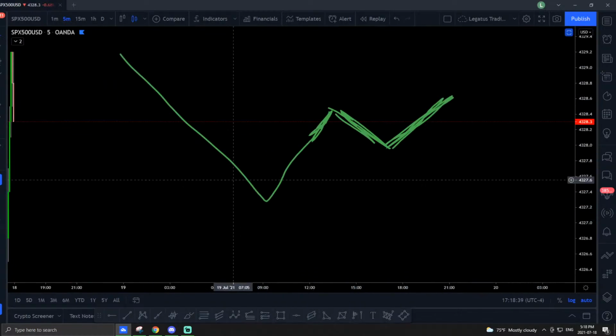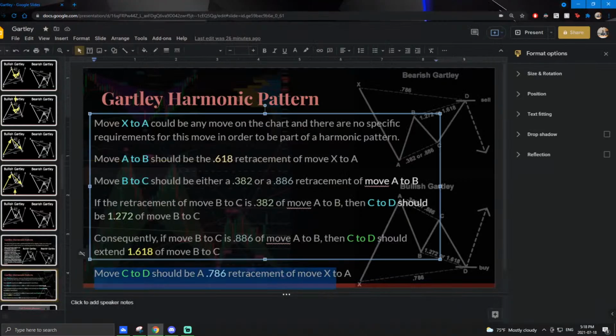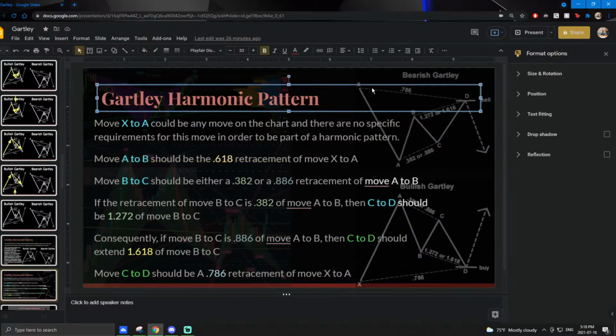But essentially, on this next page, we can see that the move C to D should be a 78.6. You can see that the X to D move is highlighted with a 78.6.